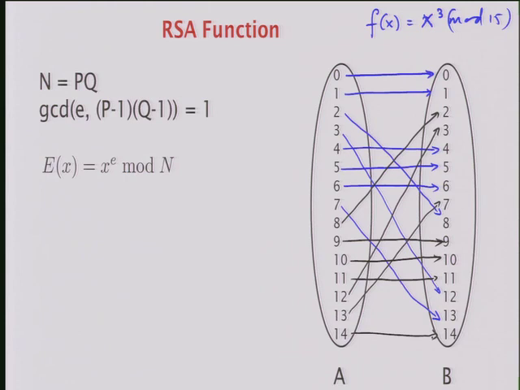Okay. Now, what's a bijection good for? See, a bijection is a scramble. It's a renaming of your objects, right? So if you're mapping from the numbers mod 15 to the numbers mod 15, well, you're renaming the numbers.